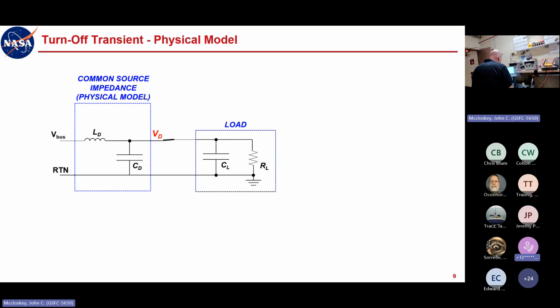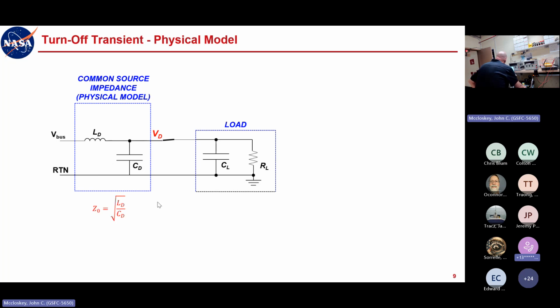It's going to basically be some sort of transmission line getting you from the power source to the distribution point, whatever that wiring looks like, whether it's traces on a circuit board or physical wires going to bus bars, whatever it is, there's some kind of wiring or conductors getting you from the power source, represented by V bus and return, to the distribution point. So it's going to have some characteristic impedance, which is formed by the transmission line parameters of inductance and capacitance, which we've discussed in previous sessions. So this is more the physical manifestation of characteristic impedance.